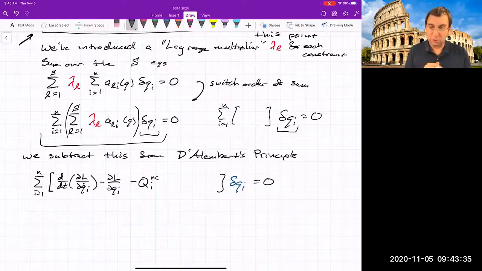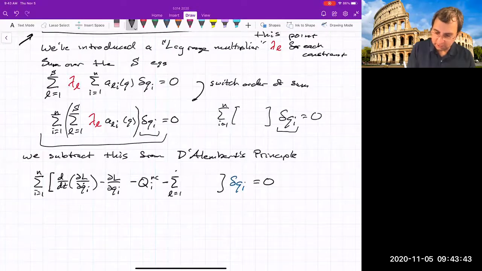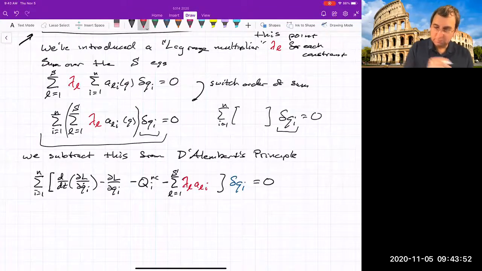So now that we've subtracted this double sum, we've got a sum from l equals 1 to s of lambda_l, written in red, times a_li, which is possibly a function of the q's.